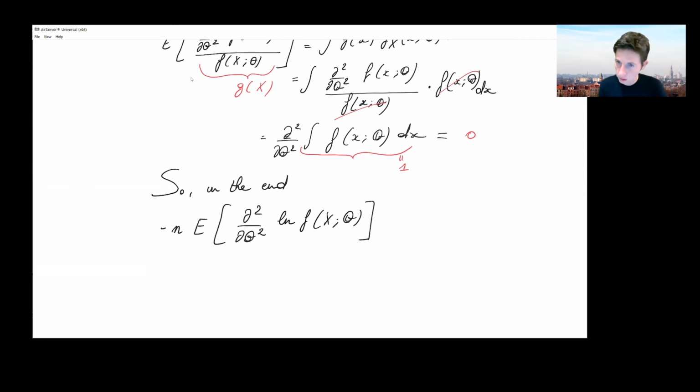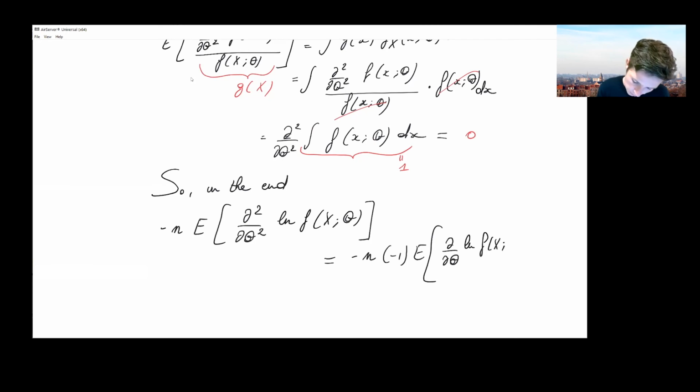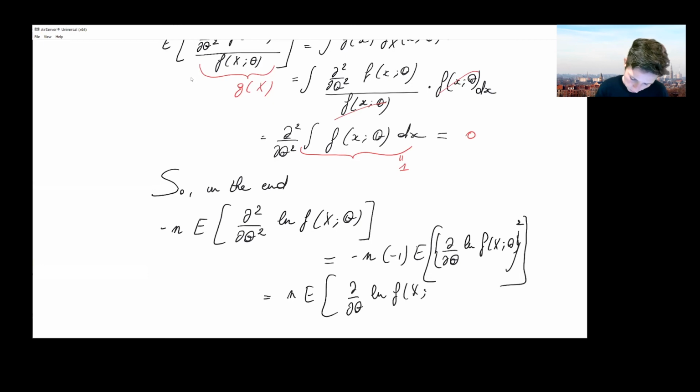Then due to the reasoning that I built up, I can say that that should be equal to minus n times, and then I've got an additional minus 1, and I've got then the expected value of the derivative with respect to theta of my log density, this one squared. And that's exactly the alternative specification for the Fisher information matrix that I wanted to consider, right?